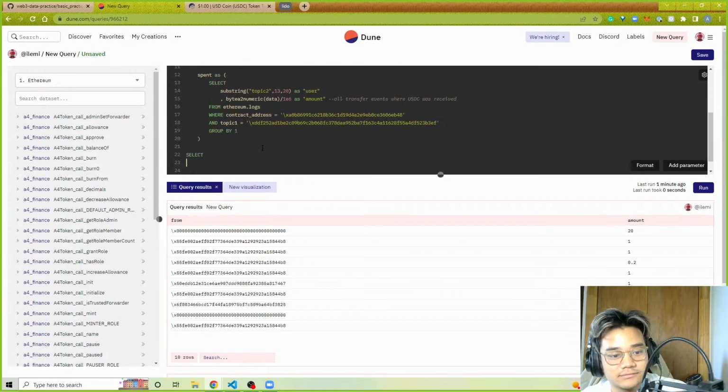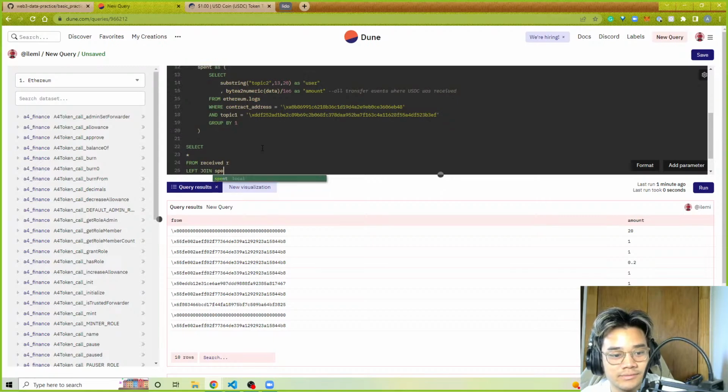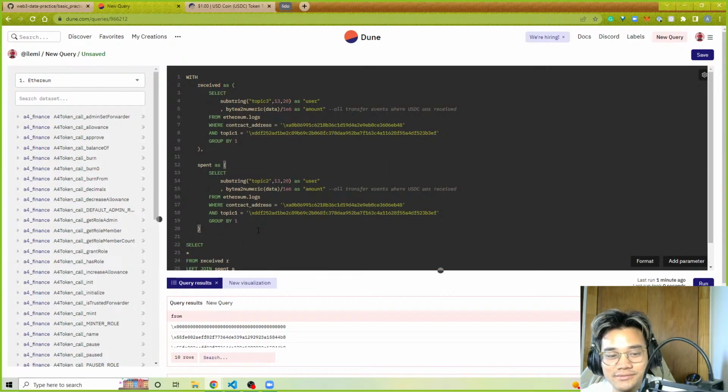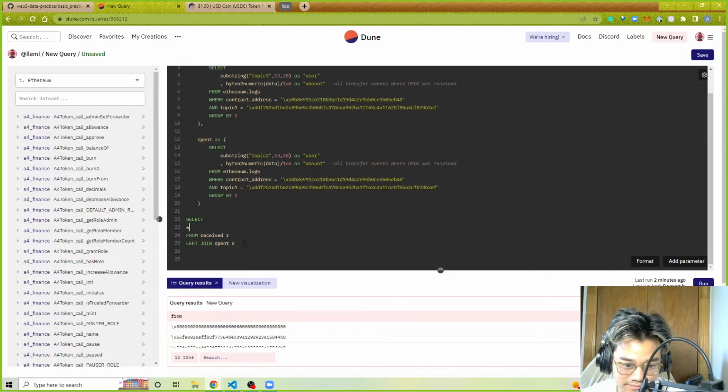And then select all from received left join spent s. Again, joining spent on received because you shouldn't. This is a good trick question. Is there any address that could have spent more than it received, or could have spent first? The answer is yes, but I'll give a moment.